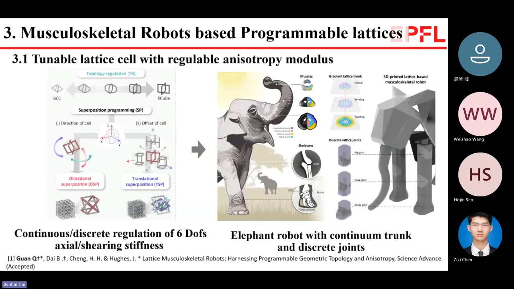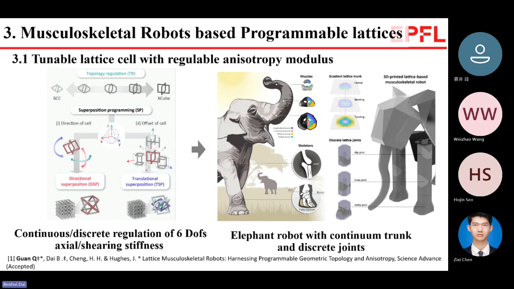As mentioned previously, biological systems like octopus and elephant exhibit tissues that are more anisotropic and heterogeneous. This inspired us to develop a methodology for introducing high programmability.